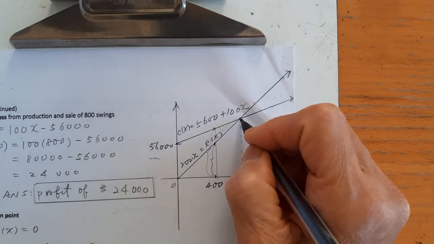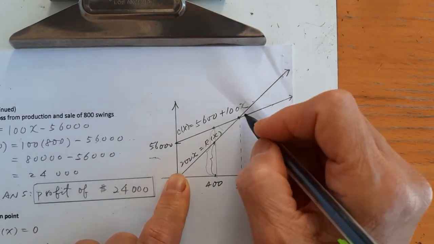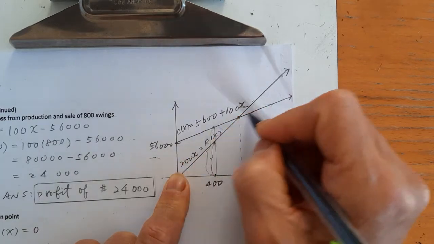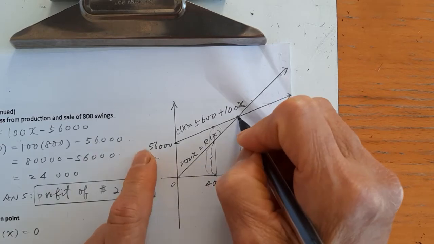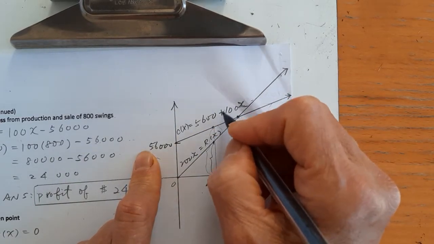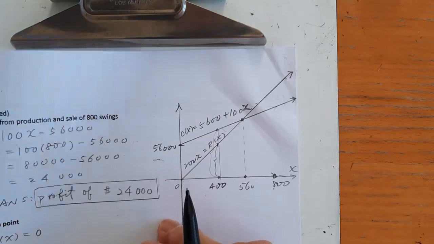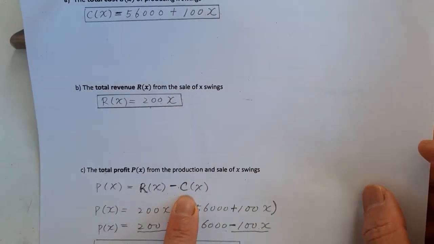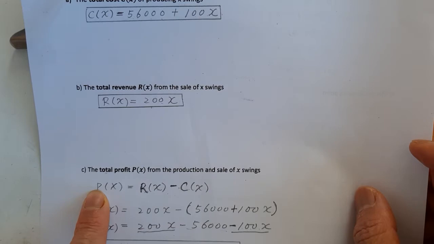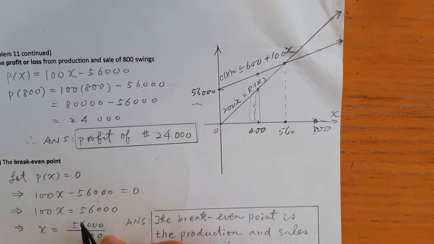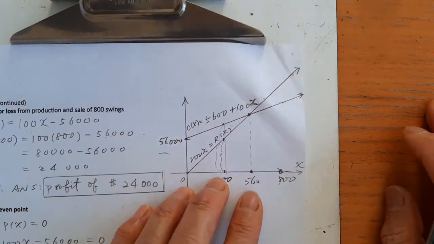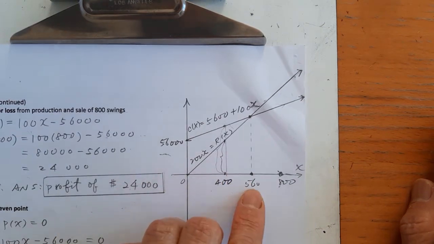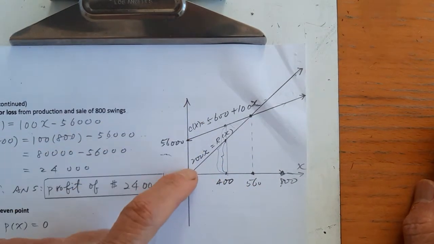After you increase until the revenue function surpasses the cost function, revenue and costs are equal at one point. That's the revenue function minus the cost function: the profit function becomes 0, and you solve for it. You get the break-even point: when you produce and sell 560 swings, your cost and revenue are equal.